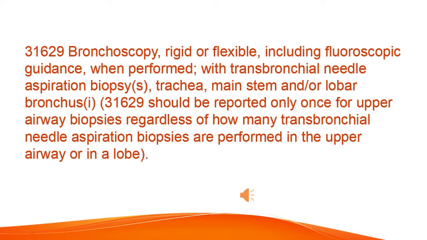Bronchoscopy, rigid or flexible, including fluoroscopic guidance, when performed, with trans-bronchial needle aspiration biopsy, trachea, mainstem, and/or lobar bronchus. 31629 should be reported only once for upper airway biopsies regardless of how many trans-bronchial needle aspiration biopsies are performed in the upper airway or in a lobe.